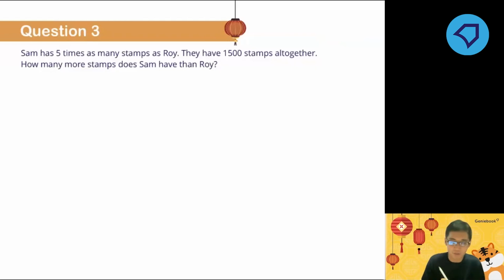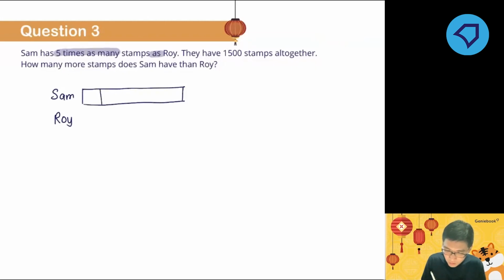Why 6? Now, for those who don't see why 6, if you draw the model, right, of Sam and Roy, so the clue here is Sam has 5 times as many as. So Sam would have 5 units of stamps like this. 1, 2, 3, 4, 5. Right? Compared to Roy having only 1 unit of stamp.